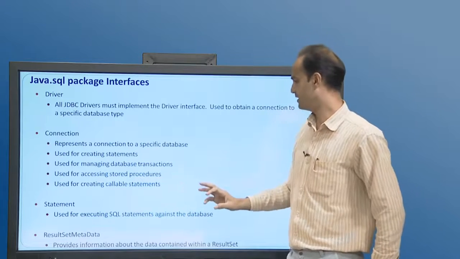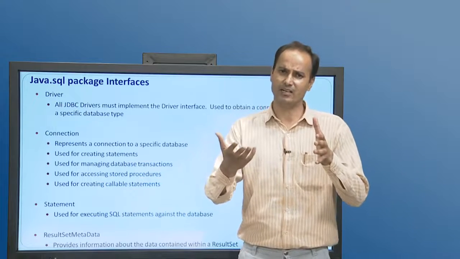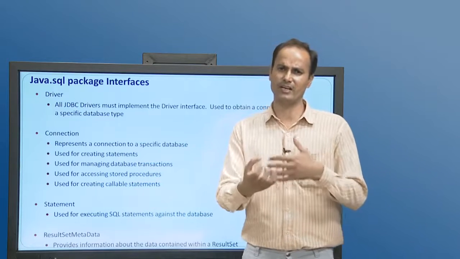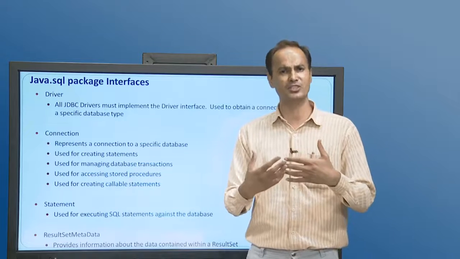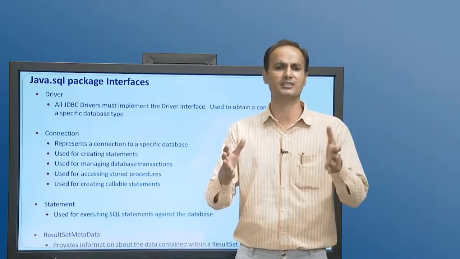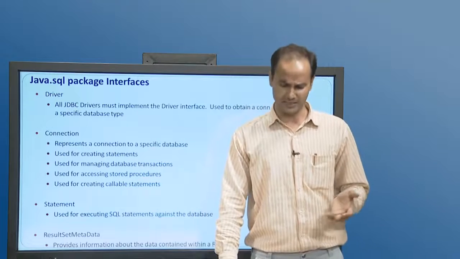ResultSetMetaData provides information about the data of the result set. If you want deeper information regarding the result set returned by the SQL query, we can use the ResultSetMetaData interface, which has a number of methods which return the metadata.